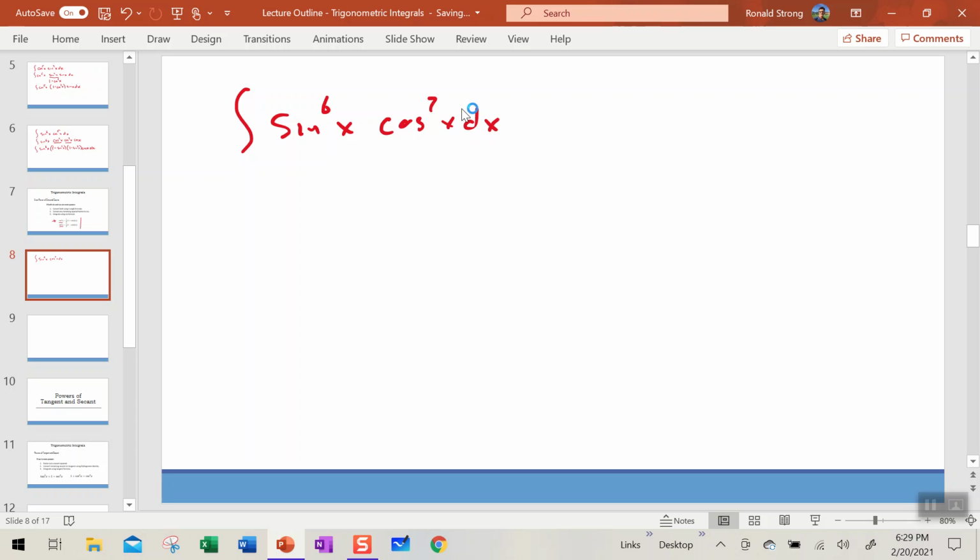Both of them are even, so I'm going to look for the lowest power, which would be cosine squared, and I am going to convert that. I'm going to take cosine squared x and convert it into 1/2 plus 1/2 cosine of 2x, a double angle. This is one of those double angle formulas.